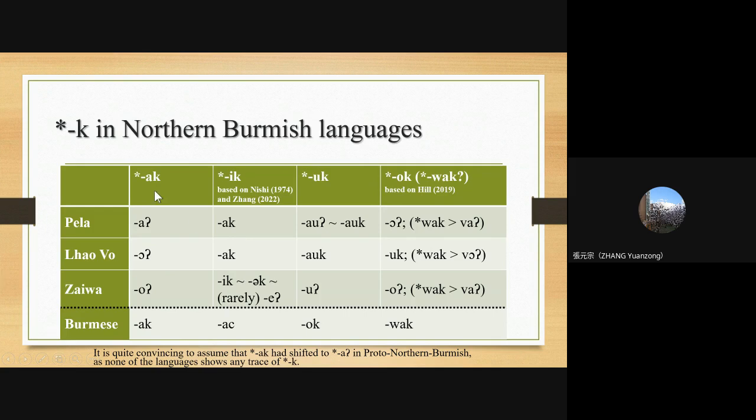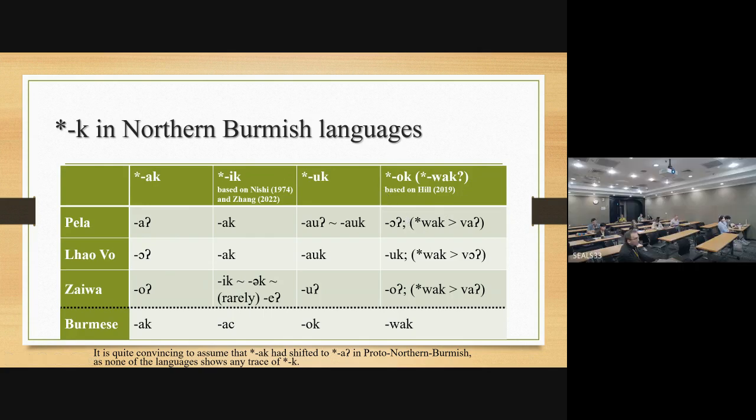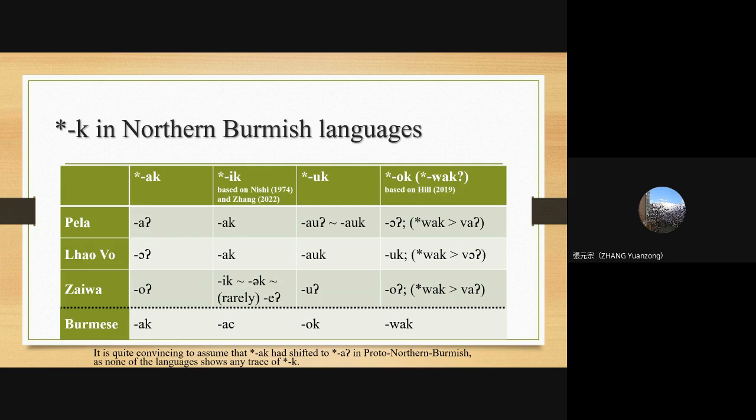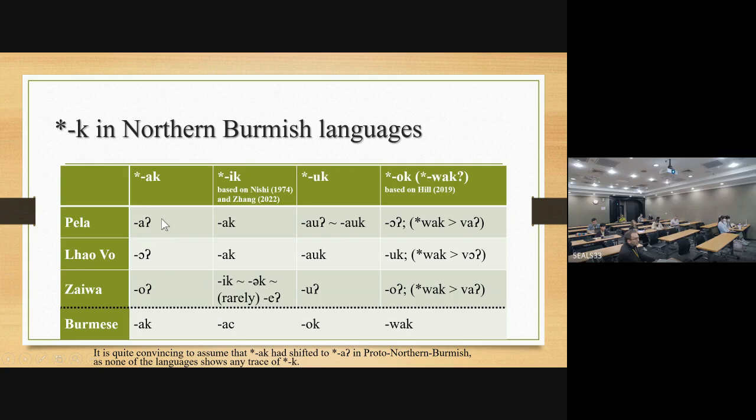There we have ag, ug, and og, but neither ag nor og still causes epenthesis of nga in modern Pela, like we have seen above.